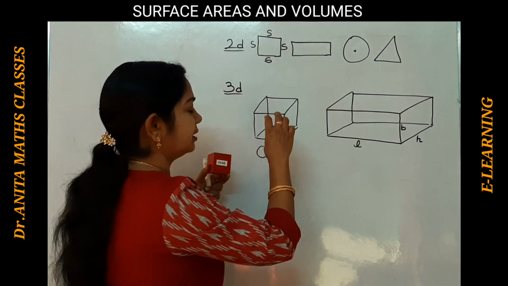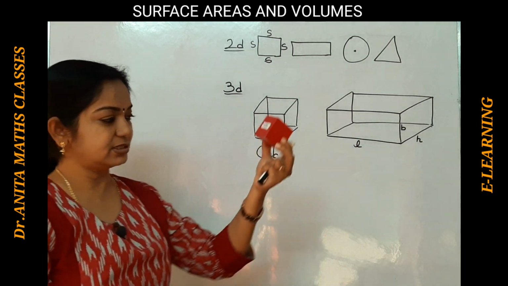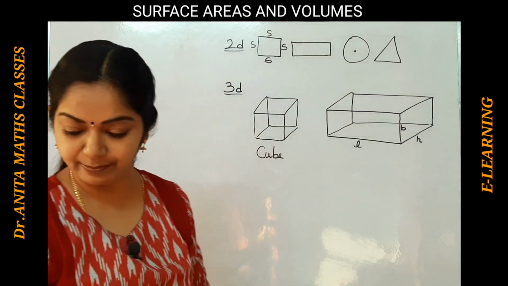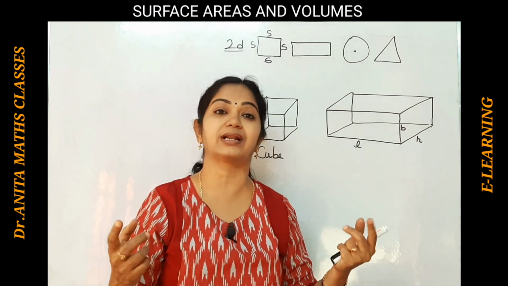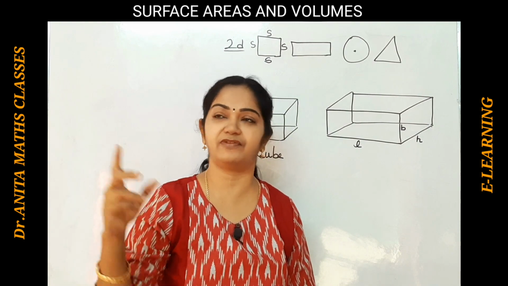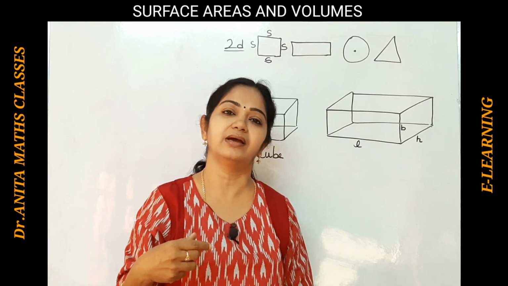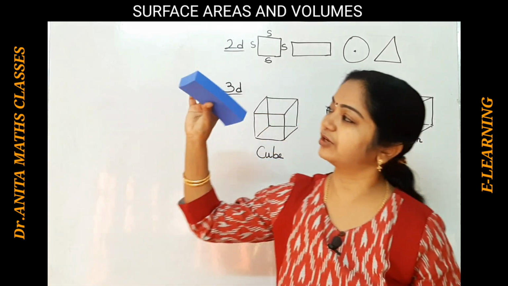I am only assuming it and drawing it like this. Right? So this is the form of a cube, and an example of a cuboid is clearly your notebooks, your textbooks and also your classroom. Usually the classrooms are in the form of a cuboid where all the 6 faces are rectangles.